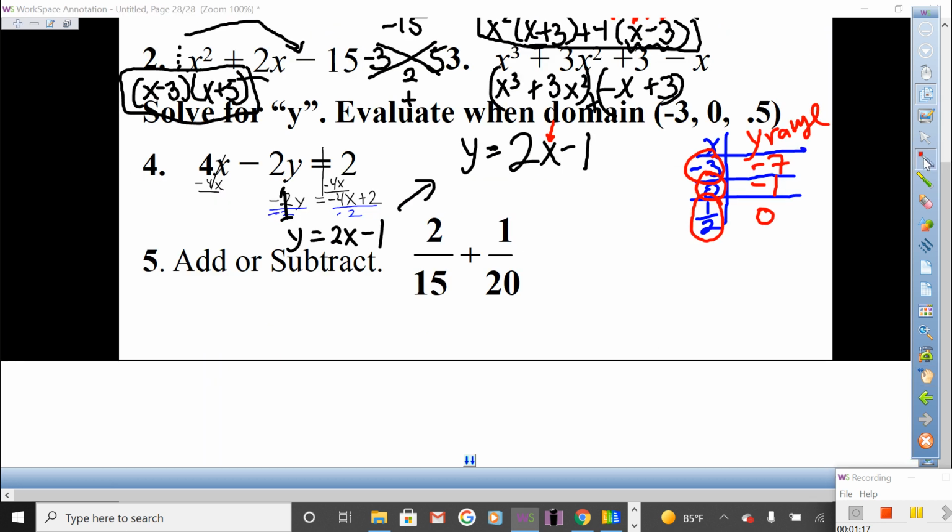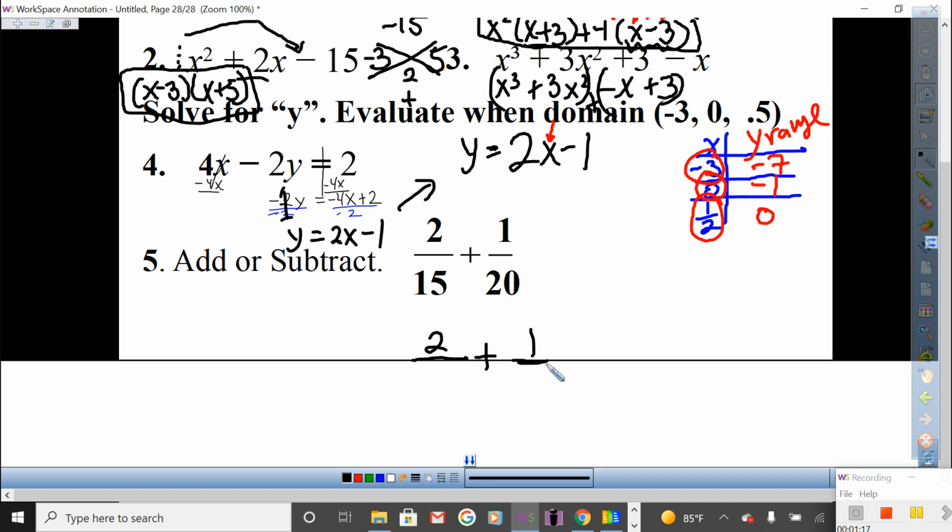Okay? And last but not least, number 5. Here we go. I'm going to rewrite it. So we got 2 in the numerator plus 1 in the numerator. Then question. We need a common denominator, but I showed you to find first the GCF. What's the GCF between 15 and 20? 5. So 5 times 3 and 5 times 4. So question, what does this denominator need that the first one has?